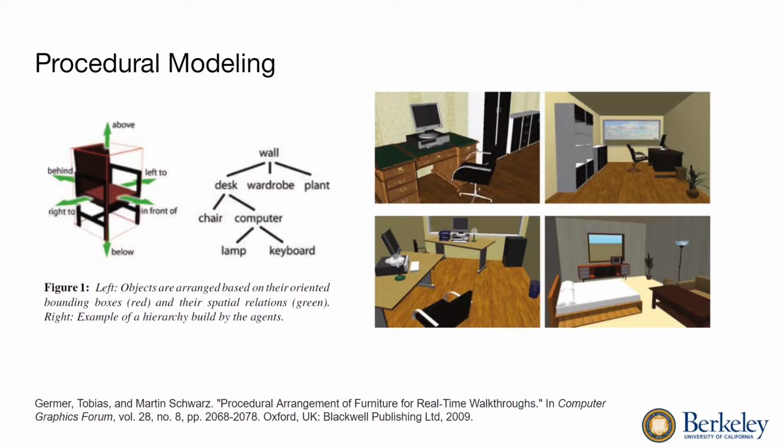So this work was published by Tobias and Schwartz in the Computer Graphics Forum in 2009. And it shows how an agent-based procedural model is utilized for each object to find suitable parent objects and to place and orient itself properly. So the agents are given the object size, its bounding box, the class of the possible parent objects, and basically everything they need to know to find what the best parent and the best position in relationship to the parent can be.